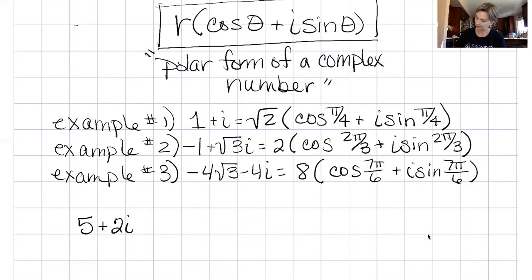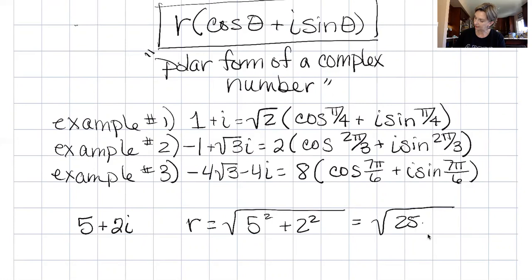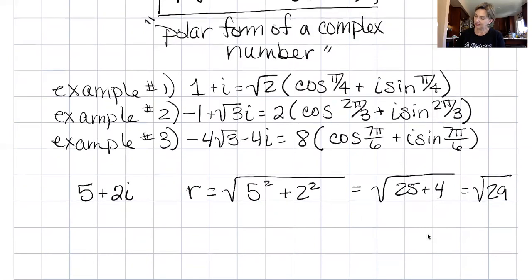So r, or the modulus, is going to be the square root of 5 squared plus 2 squared. That's 25 and 4, or the square root of 29. And let's say our instructions say round it to the nearest tenth. So this would be about 5.4.